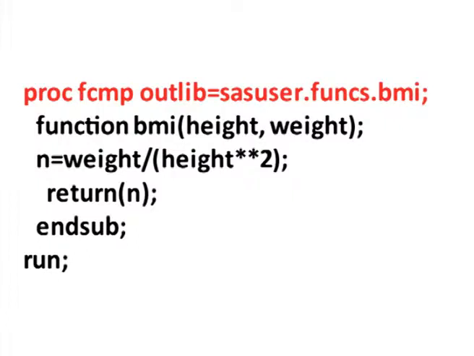Then we create a function called BMI with two numeric inputs, height and weight. Next we add in the calculation, weight divided by height squared. This only works for kilograms and metres, however you can see how easy it would be to create functions for other units, such as stones and feet.